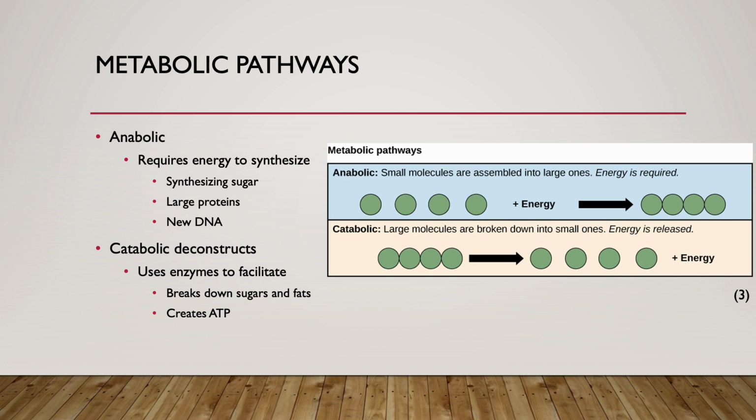The processes shown earlier of both creating and breaking down glucose are great examples of the two main types of metabolic pathways and how they interact with each other. Anabolic pathways need an energy input in order to synthesize complex molecules from simpler ones.